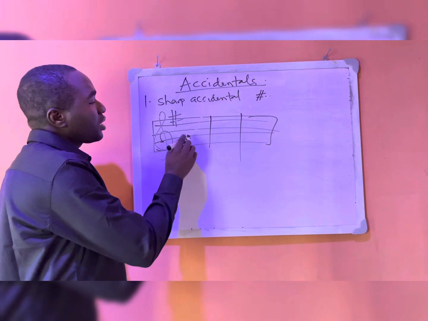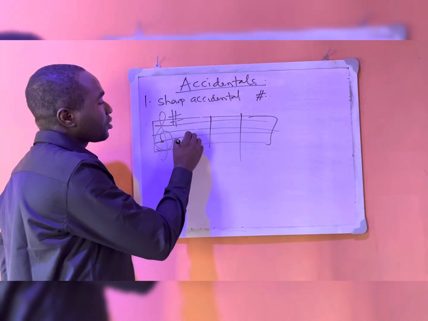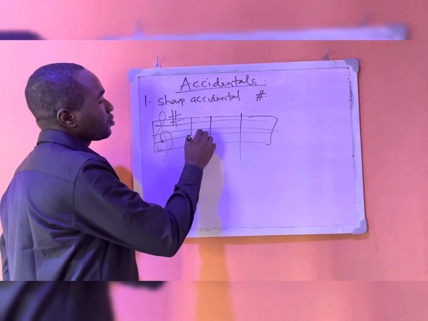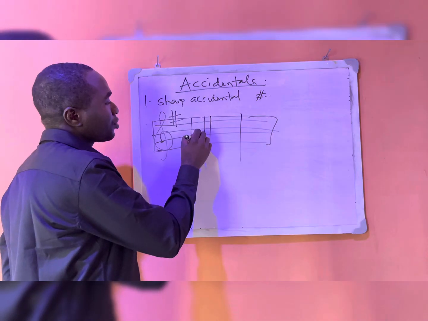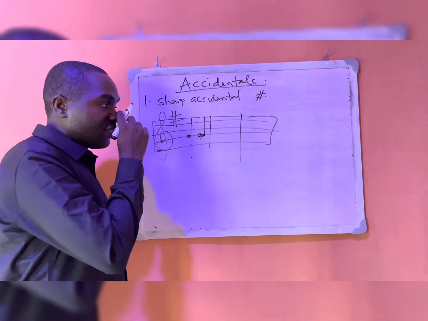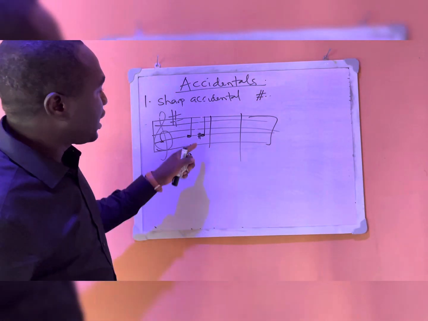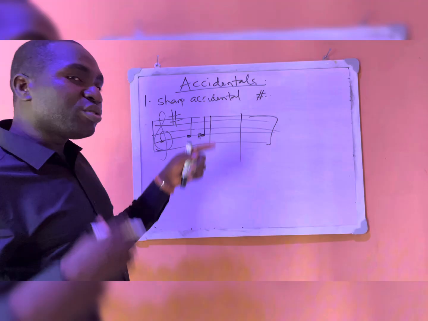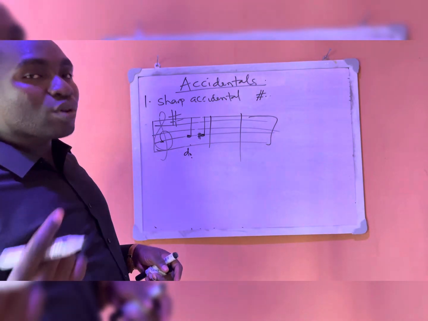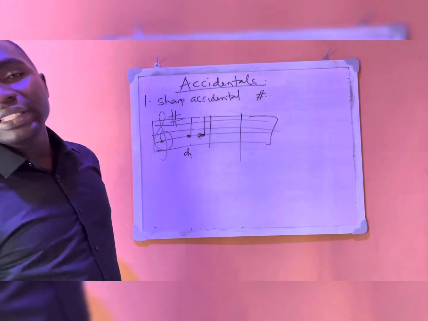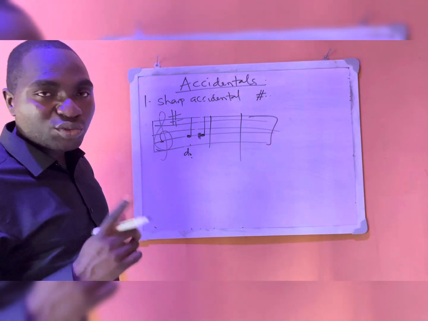Good. So let's assume we have a note here. Now you see, this is do. If you transcribe it, do. This is supposed to be a do, but before a do, an accidental has occurred. Our do will definitely change to di because it will increase.